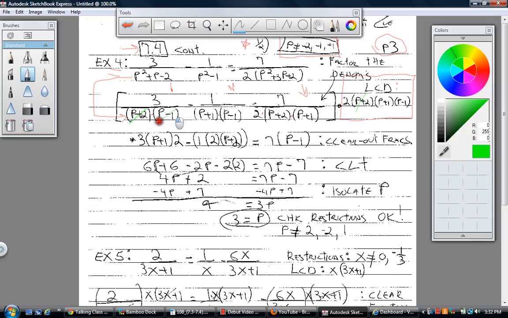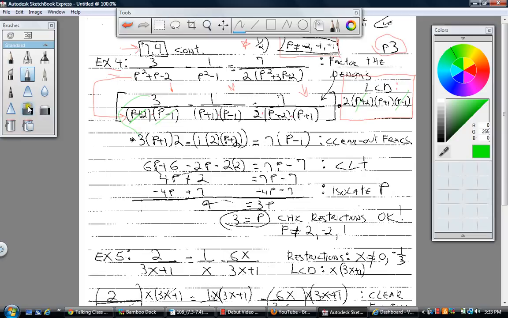I find p minus 1, and I find p minus 1 and I cross it out. Okay, now I've done that. What's left standing? The 3 comes down, and p plus 1 and the 2 from the LCD factors come down with it. Now I'm just listing things. Don't worry about combining anything yet. Is everybody comfortable with that? Now let's do it again.